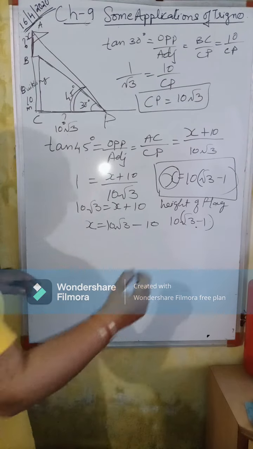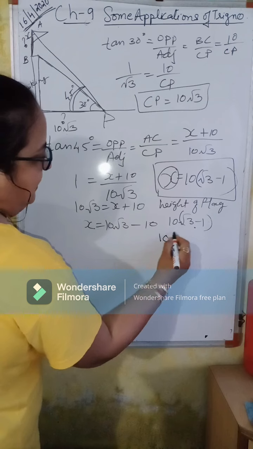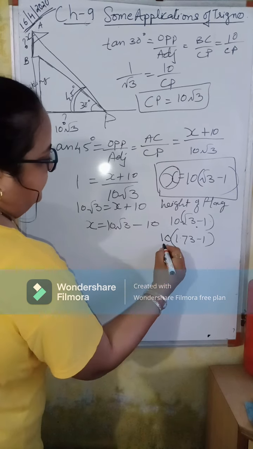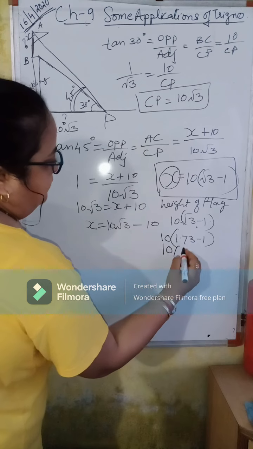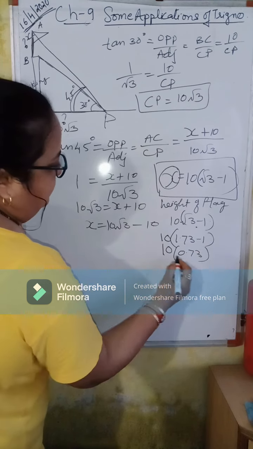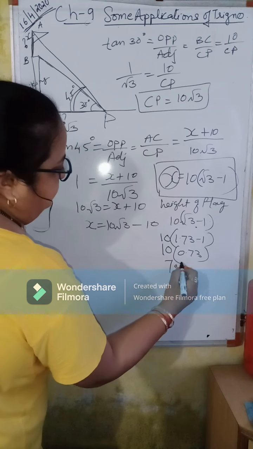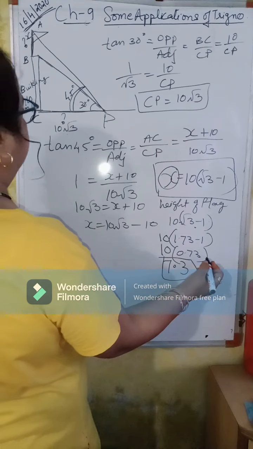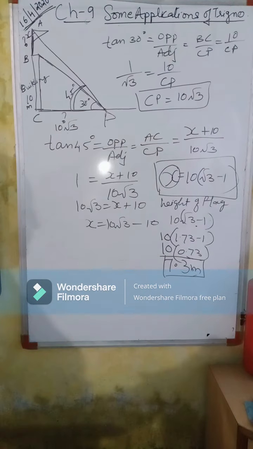If you take the root 3 value as 1.73, minus 1 gives 0.73. So 10 into 0.73 will give 7.3 meters approximately. Did you get?